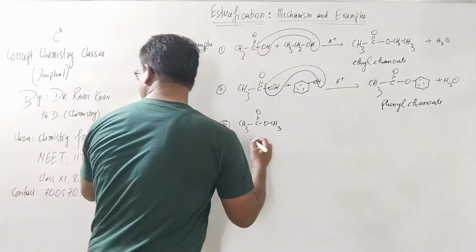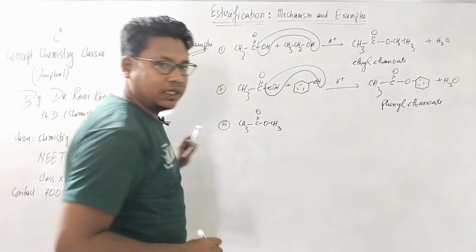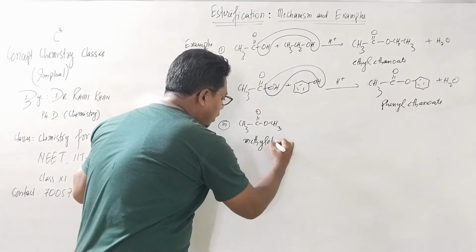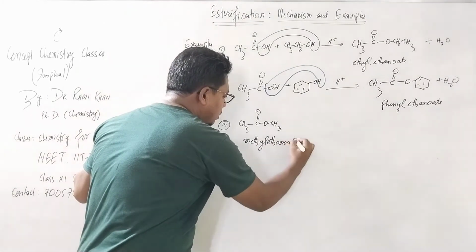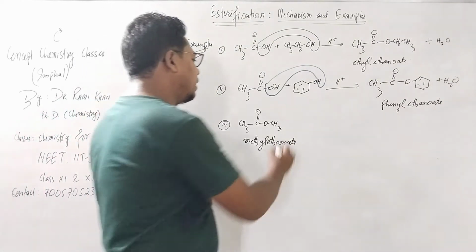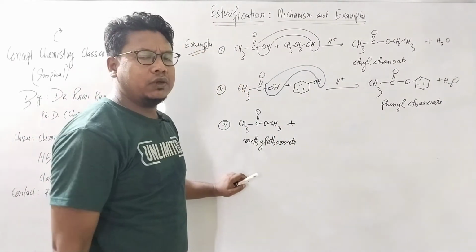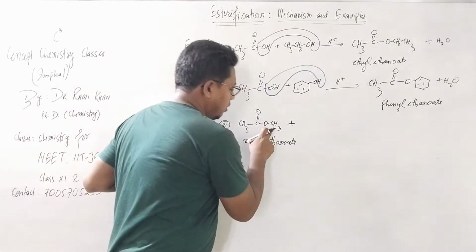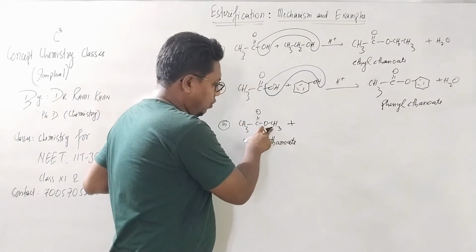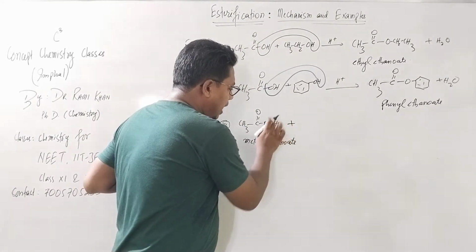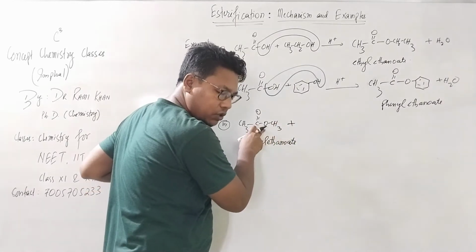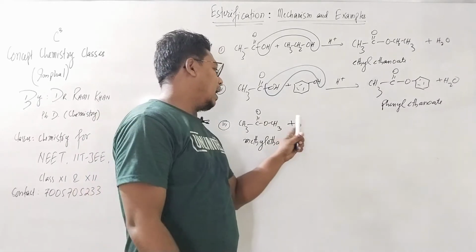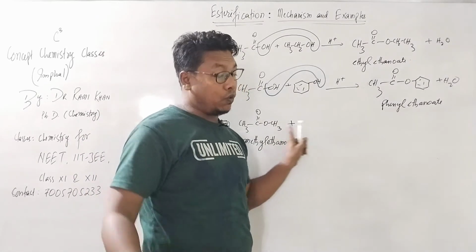This is called methyl ethanoate, right? And this can be reacted with an alcohol which must contain 2 or more carbon atoms, because this alkyl group which is attached to oxygen contains only 1 carbon atom. So we must take an alcohol which contains more than 1 carbon atom.